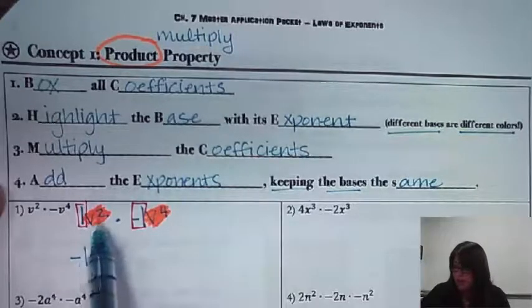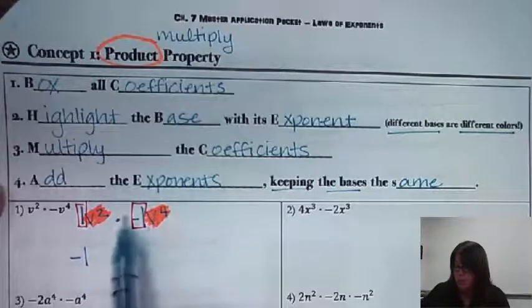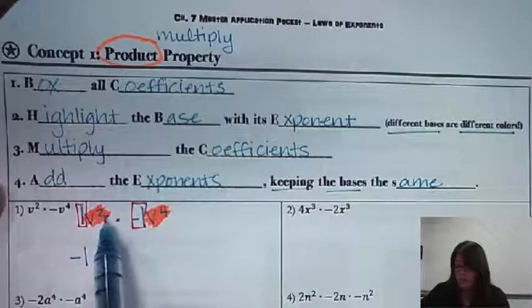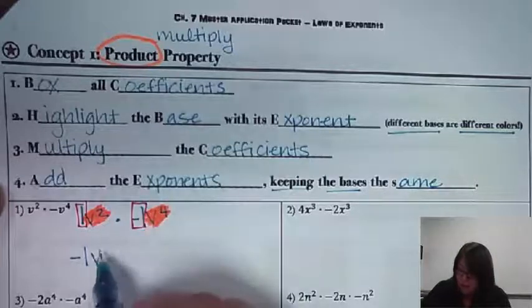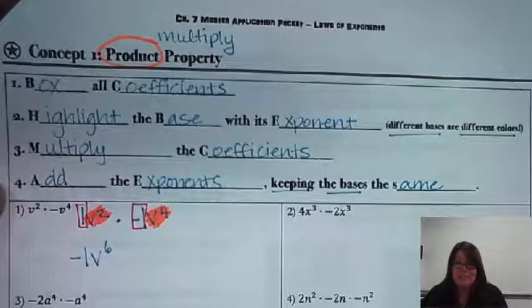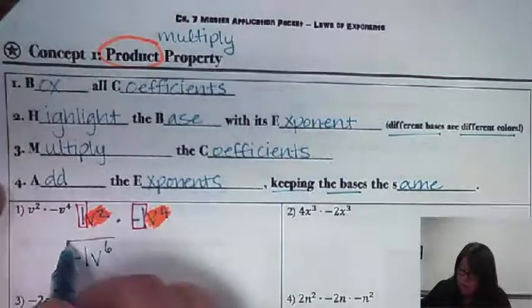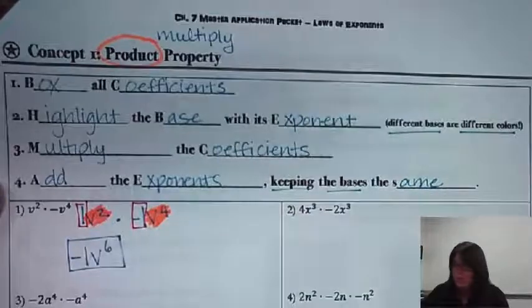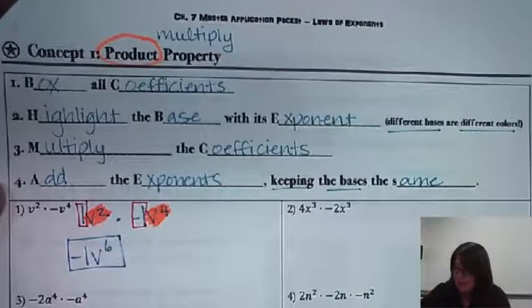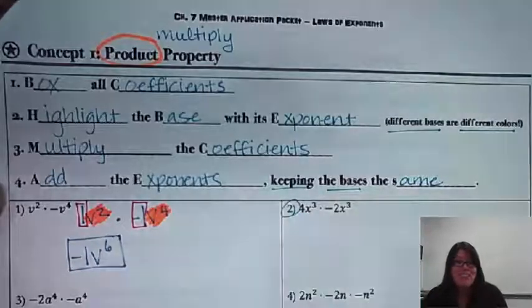So v squared and v to the 4th. I'm going to pay attention to just the exponents, 2 and 4, and I'm going to add them together. That's 6. The base will stay the same, and the new exponent is 6. So negative 1 v to the 6th is my final answer for this multiplication problem. Why don't you pause the video and give number 2 a try on your own.